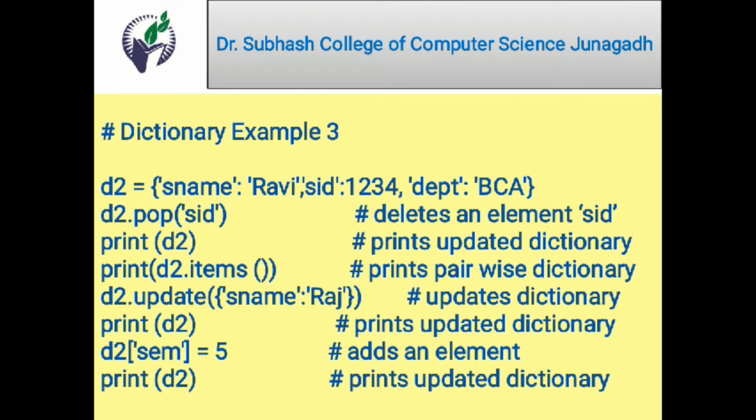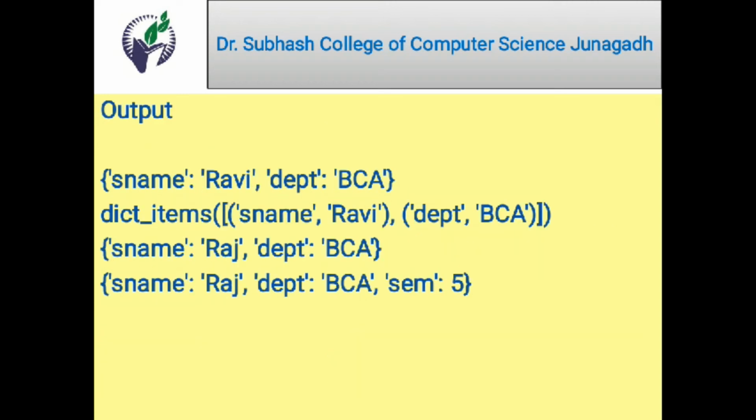That is the update. And the last one that we have seen is adding more detail to our dictionary. We have added semester detail with value 5 to our existing dictionary, and the updated dictionary consists of three fields, with 5 added at the end. So here we have seen the basic operations of insert, update and delete.